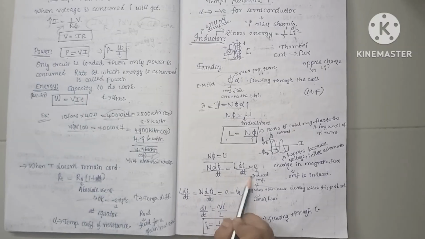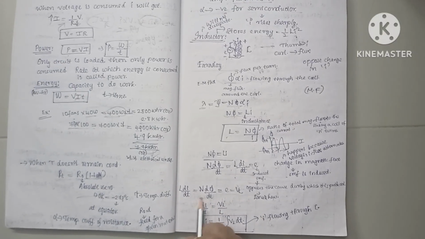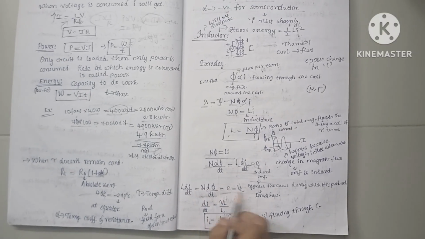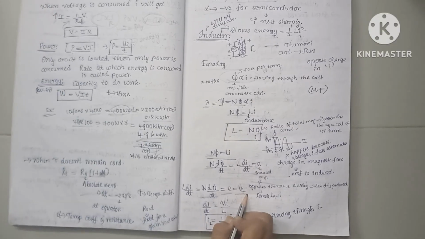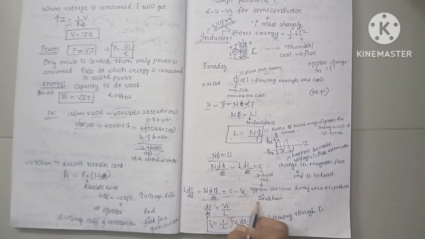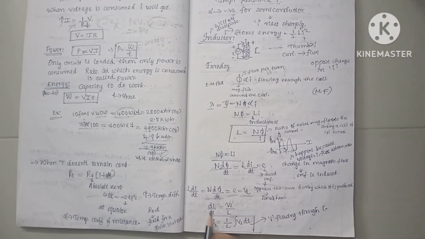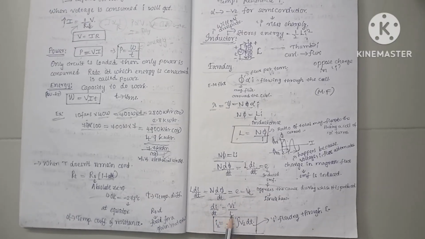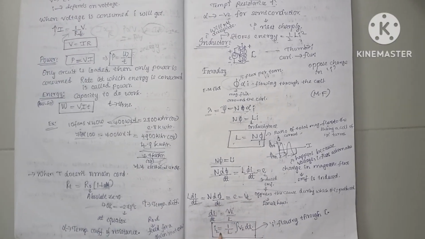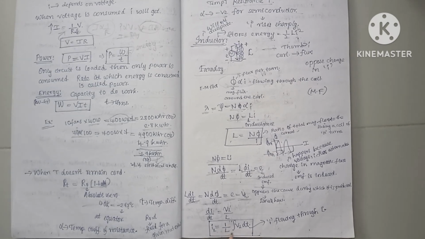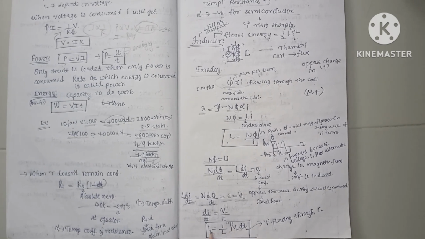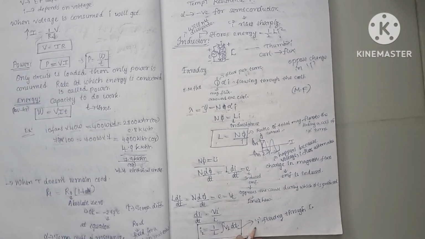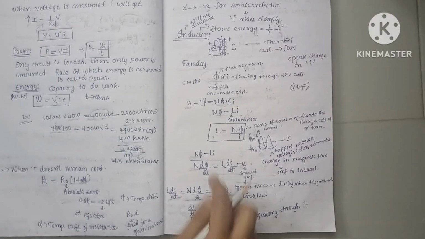So L into di by dt, which is equal to N into d phi by dt, is equal to E. Let us suppose it as VL, that is voltage. Now di by dt can be written as VL by L. Now to get I, we have to integrate. So I is equal to 1 by L integral of VL into dt. Here I is the current flowing through this inductor.